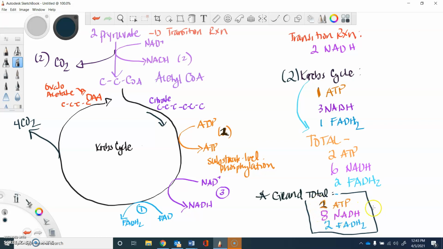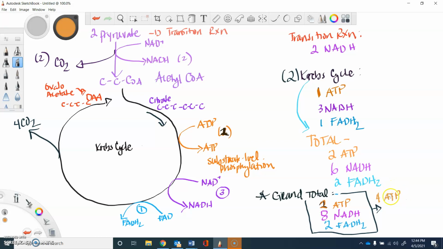So don't forget that we had some electrons left over from glycolysis too. So with glycolysis, if we add the first part of this, then now we have 4 ATP, because we had netted 2 in glycolysis.